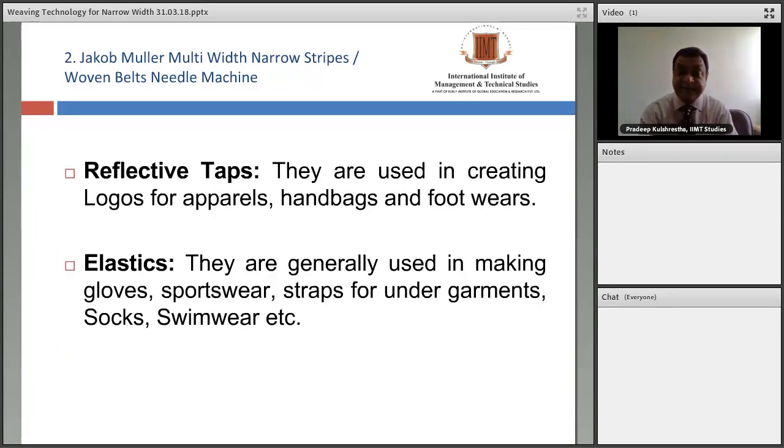Reflective tapes are used in creating logos for apparel, handbags, and footwear. Elastic is generally used in making gloves, software, straps for undergarments, socks, swimwear, etc.